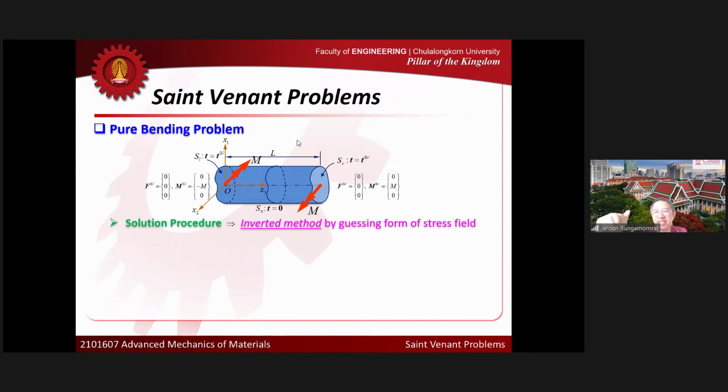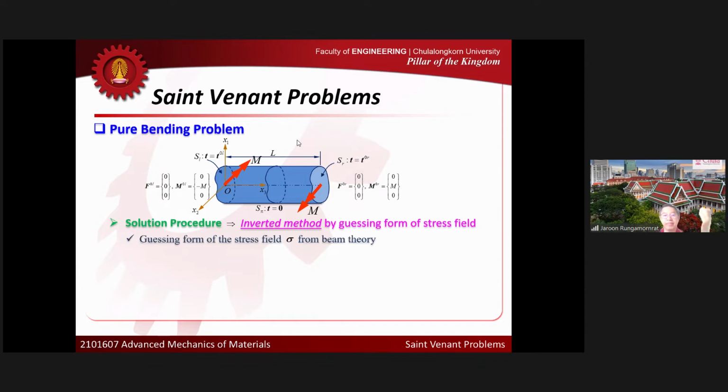That is clear from the beam theory. So we have bending moment induced at the cross section. Stress can be obtained easily if you remember the formula Mc over I or My over I, okay, from the beam theory. So I will try to start guessing the stress field based on the knowledge from beam theory.